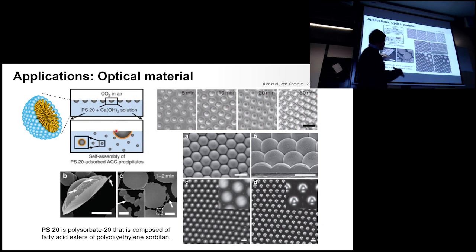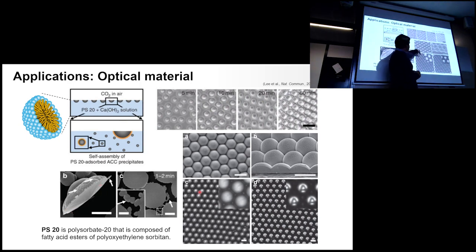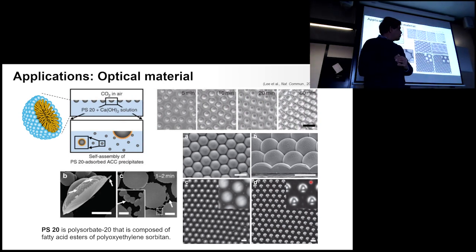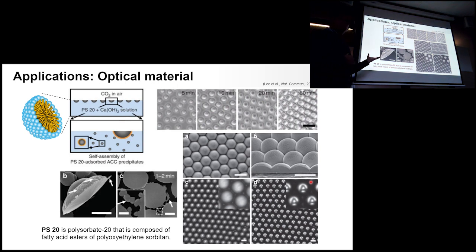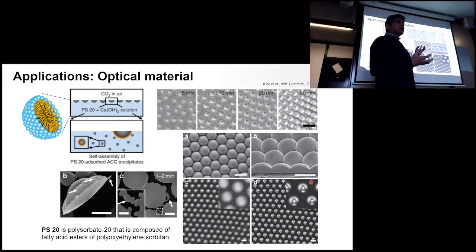So you get these kind of floating structures with perfect micro lenses, and it turns out you can image through the micro lens. So you see the A is sort of being imaged across all the lenses. So the approach of biomineralization could be beneficial for creating micro lenses for all these applications.